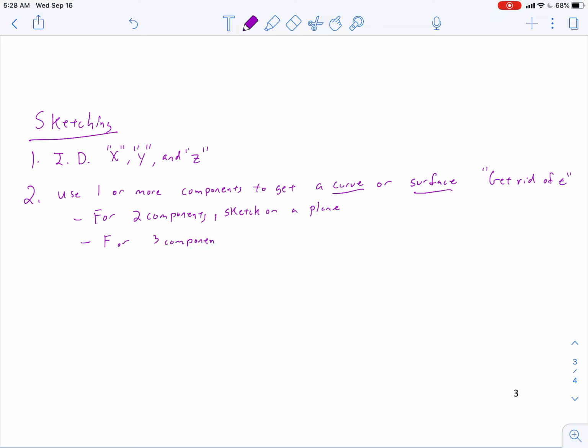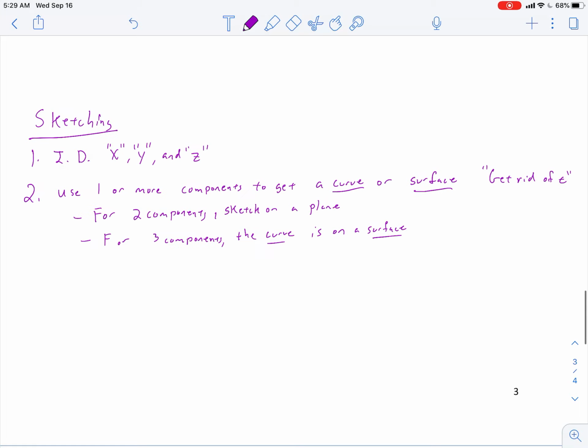And for 3 components, the curve is on a surface, kind of like what we did last time.